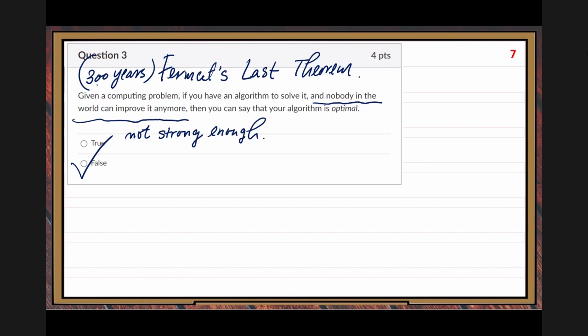Then how to make it strong enough? We solve it with a rigorous proof.